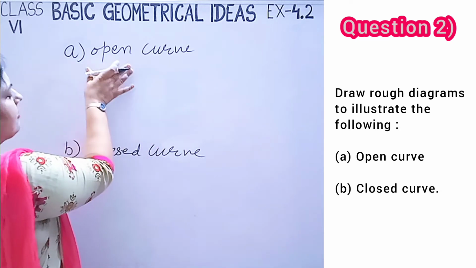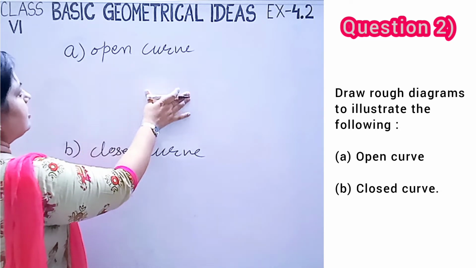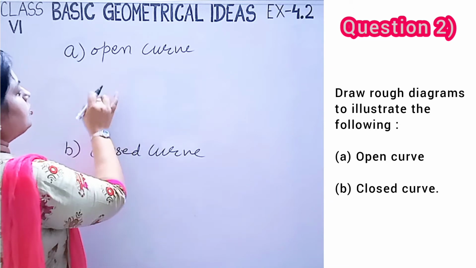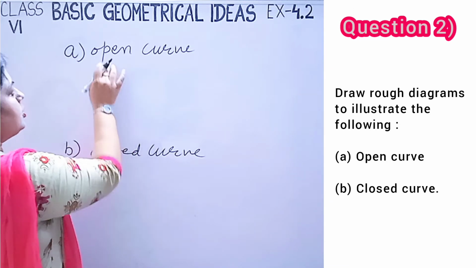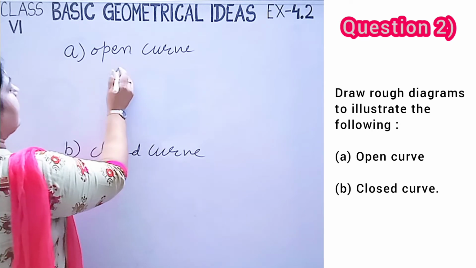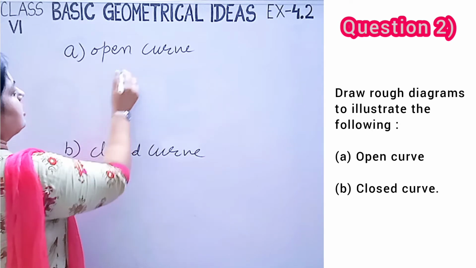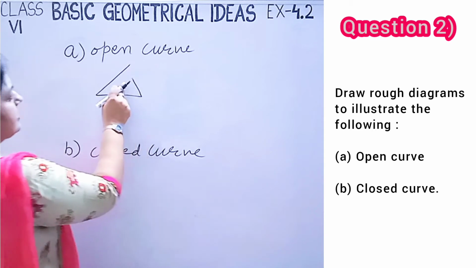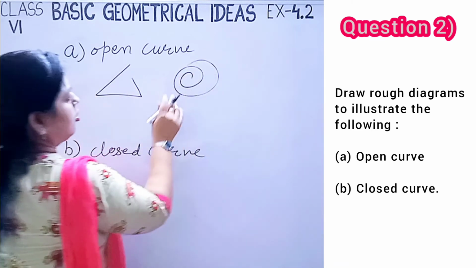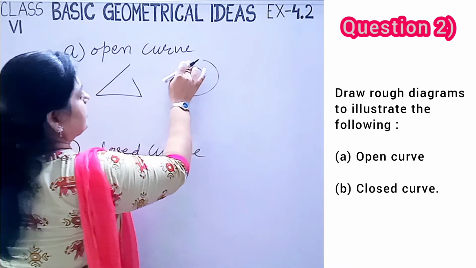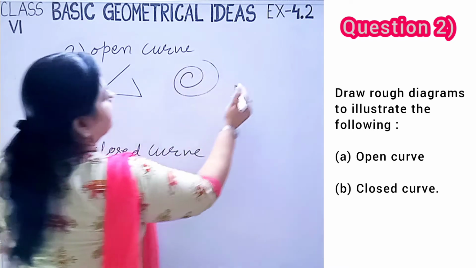We have already learnt in question number 1 that for open curves, the ending point and starting point do not meet and do not cover some area. This is an example of an open curve. Open curve, here they do not meet.